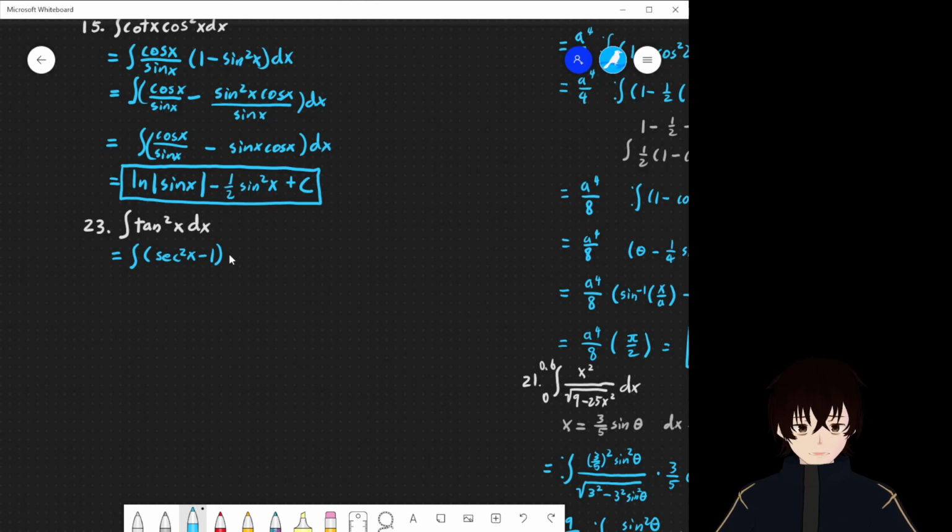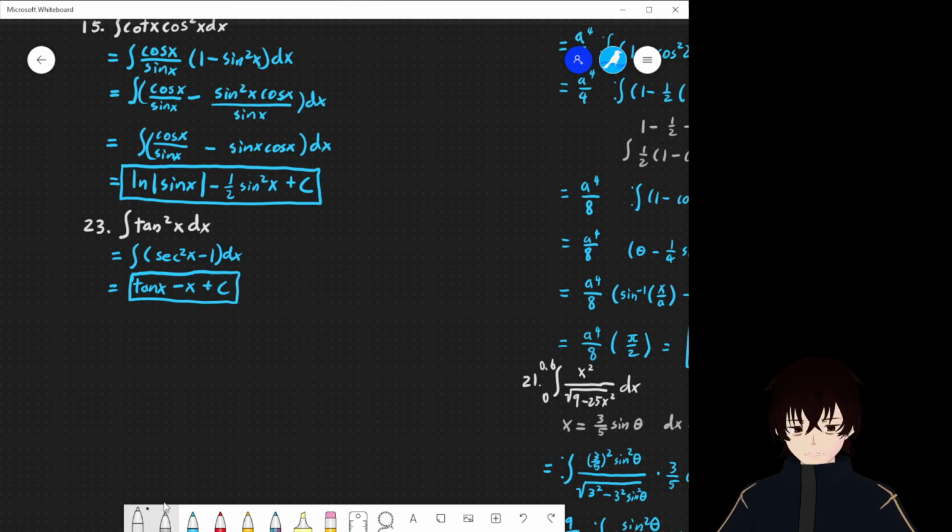Yeah, that's right. So now we get the integral of secant squared is tangent, and the integral of 1 is x.